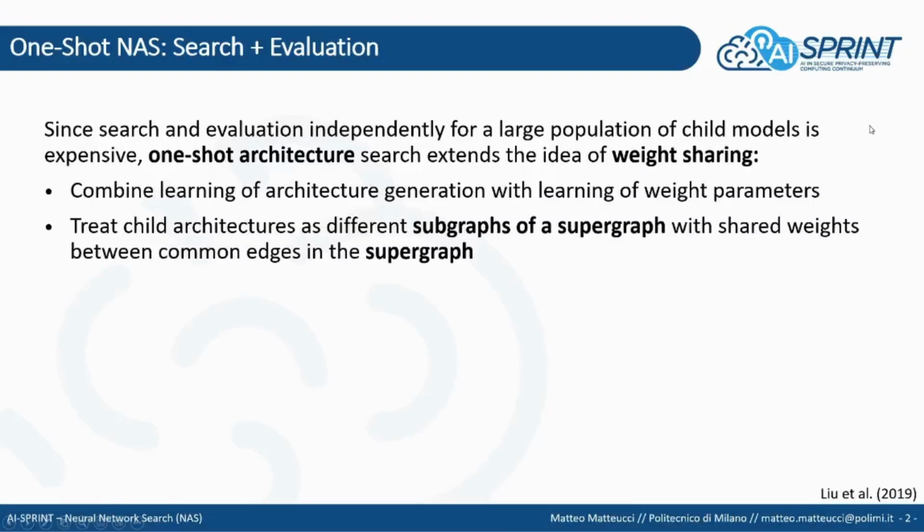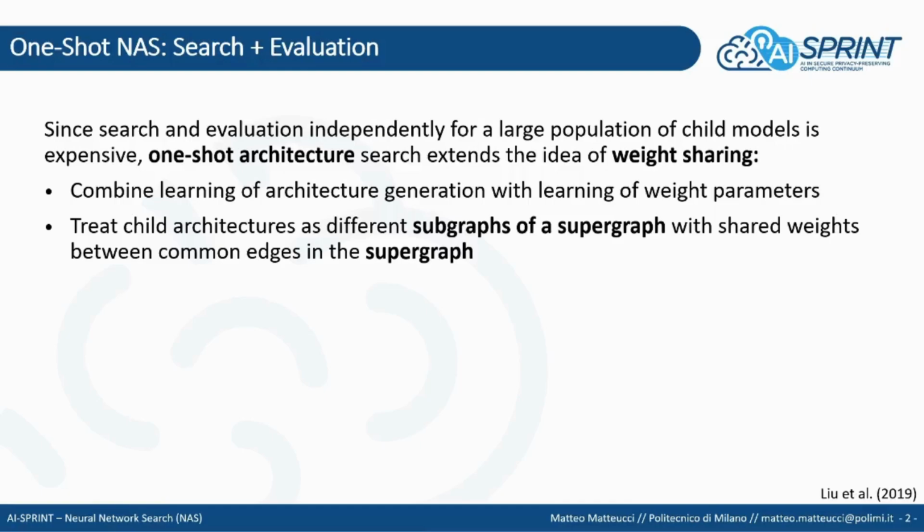So, what is the difference between modern architectures and the classical progressive architectures? Usually classical architectures were performing a search plus evaluation process, and this was a very costly iterative process.